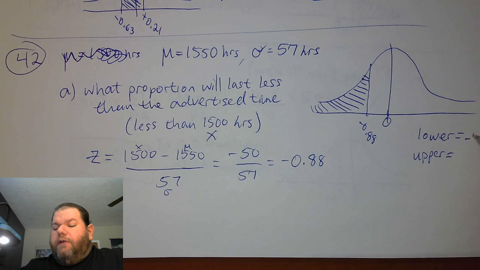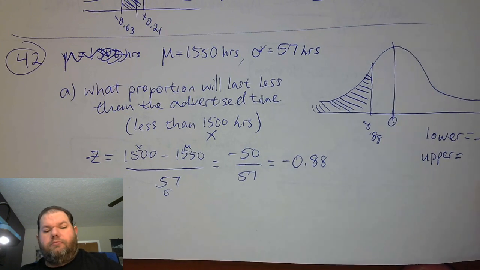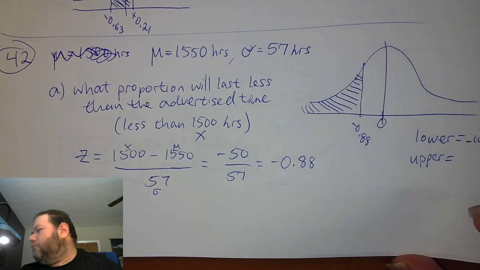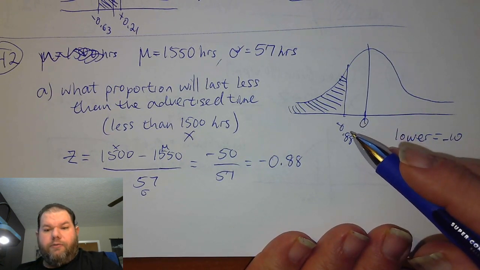Lower we'll use negative 10 since it keeps going to the left. And for upper we'll use negative 0.88.